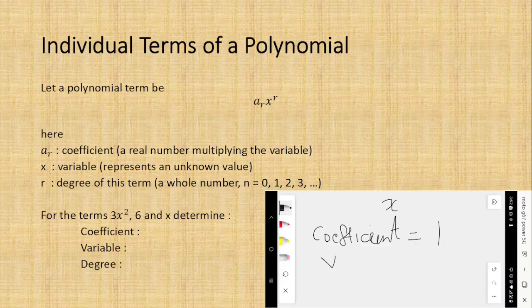What is the variable here? So the variable is going to be x. And what is the power of this variable, or what is the exponent to which x is raised? The exponent or the degree of this particular term is equal to 1 because if we just write x, that means x is raised to the power of 1.